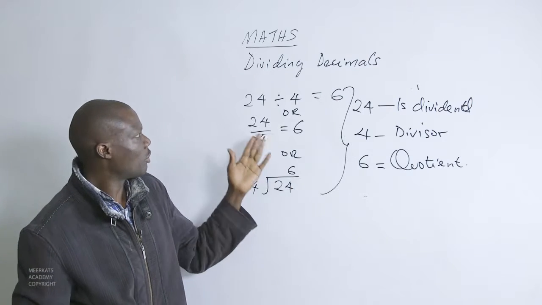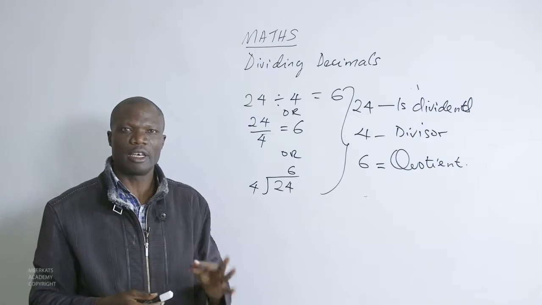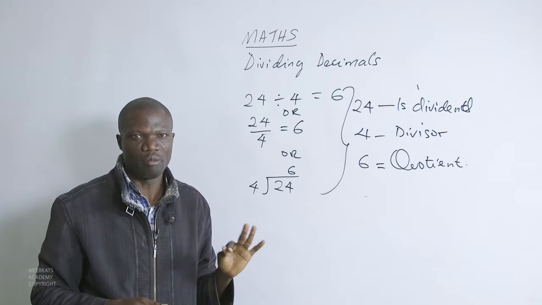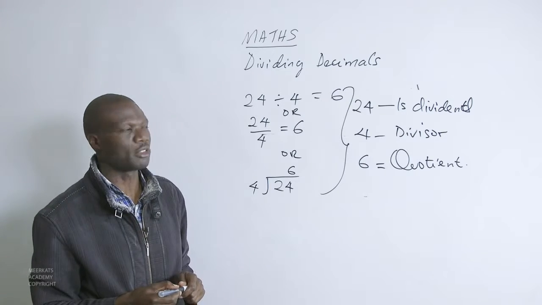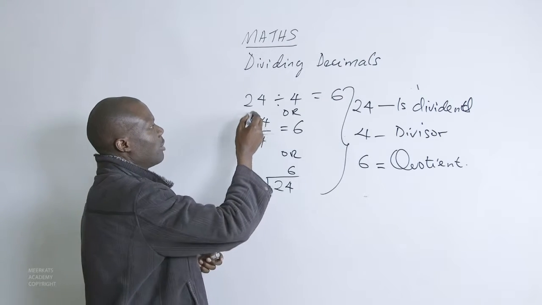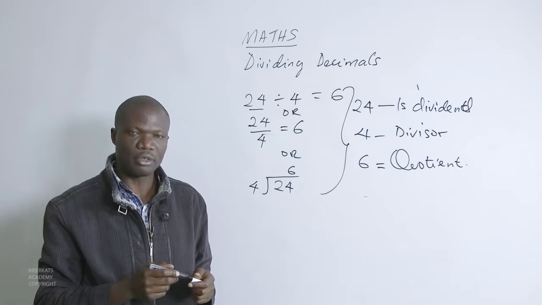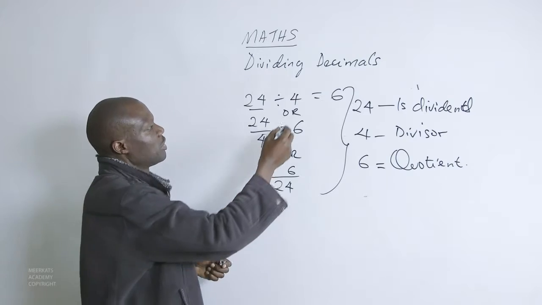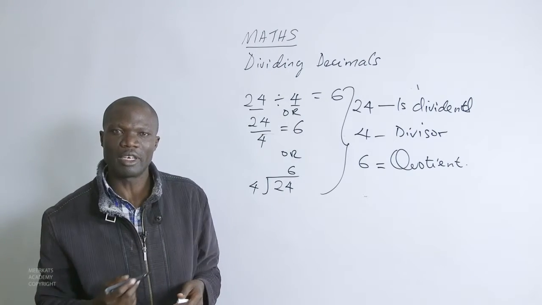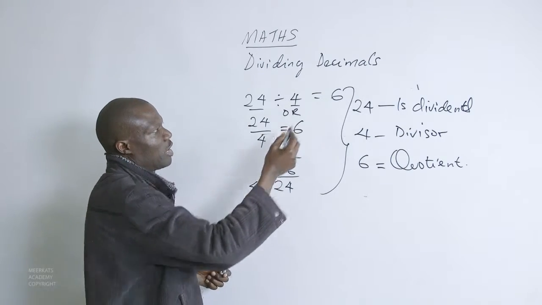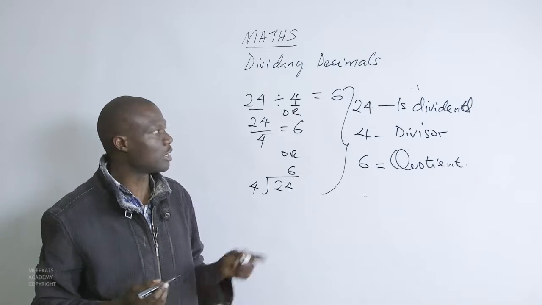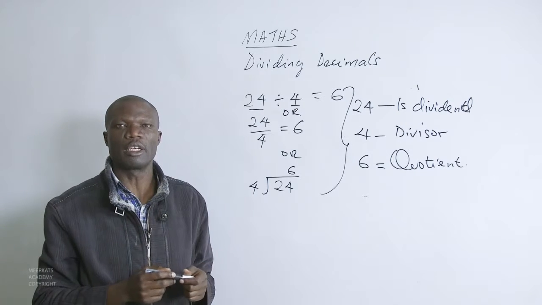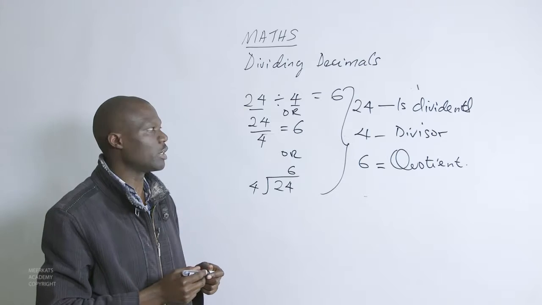So, when you are dividing a number, there are 3 basic terms we come across. The number that you are dividing, which you call the dividend. The one which is dividing the number, we call the divisor. And the answer that we get, in this case 6, which you call the quotient.